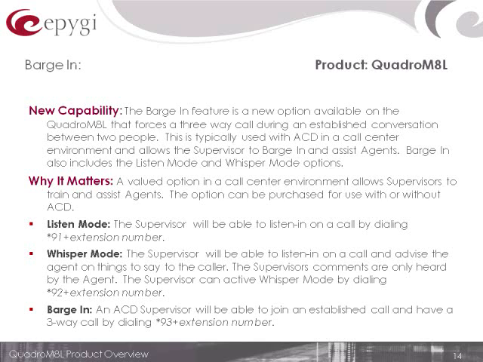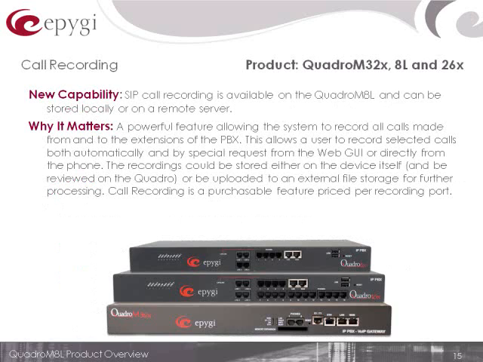Now, on top of all of this, you've got an ACD that's running, you've got agents that are going on, you've got supervisors monitoring this. But another aspect of the business would be to obviously record the calls. Integrated into the 32X, the 8L, and 26X is call recording. This allows active calls to be recorded.